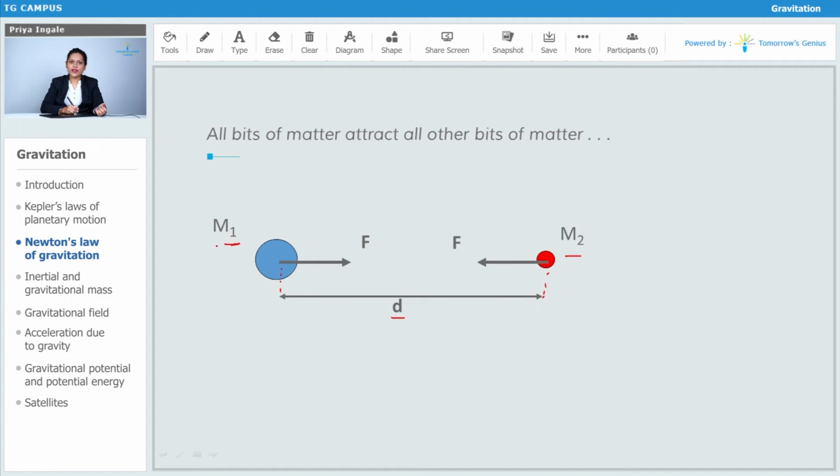So m1 is the mass of the first object and m2 is the mass of the second object, and you see here the force is applied by the second object on the first mass towards the right, and on the second object we have the force towards the left, because it is the attractive force. So these two objects are pulling themselves towards each other. This is the way we get the direction of force.